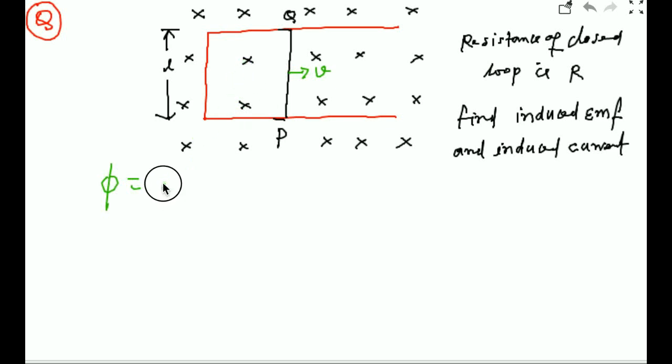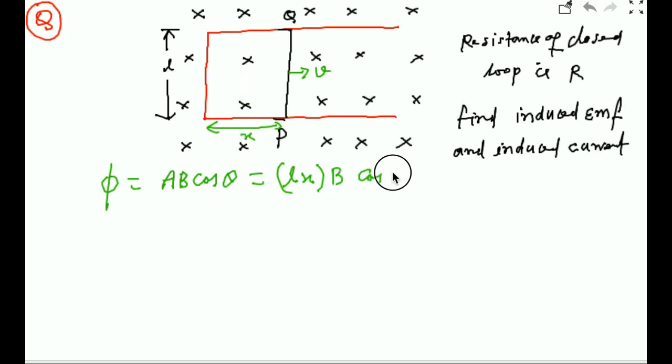The flux, as you know, is AB cos theta. What is the area? This length is L, and suppose at any time this is the x distance. So area equals L into x, multiplied by B, the magnetic field. B is into the plane and the area vector is outward, so the angle is pi, cos pi.